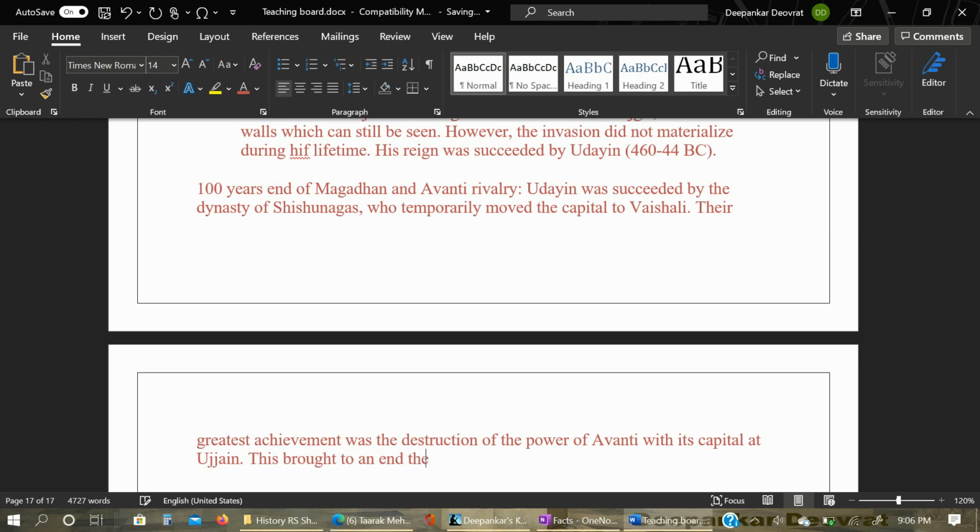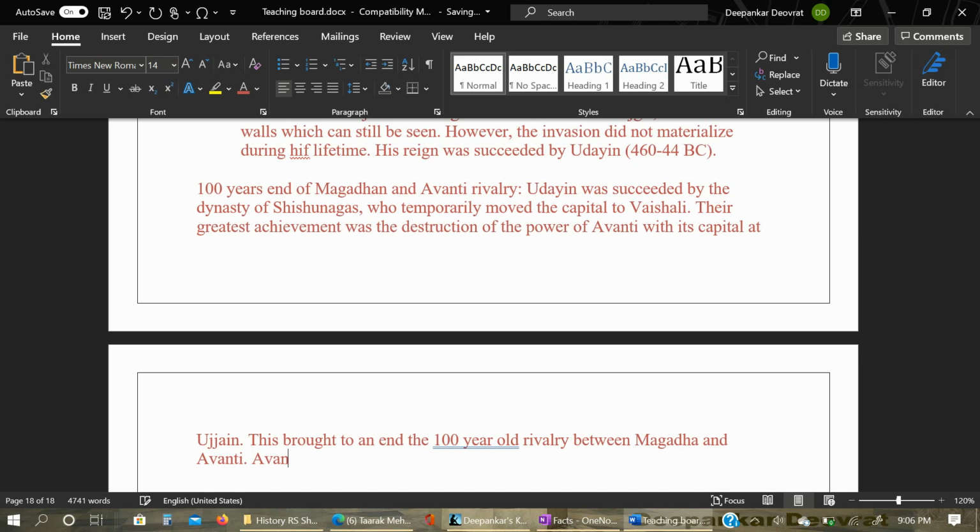This brought to an end the 100-year-old rivalry between Magadha and Avanti. Avanti then became a part of the Magadhan Empire and continued so till the end of the Mauryan Empire.